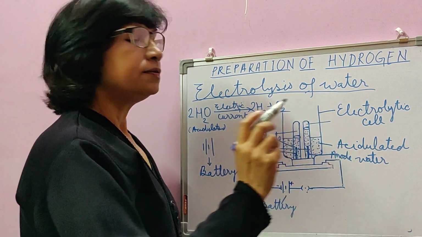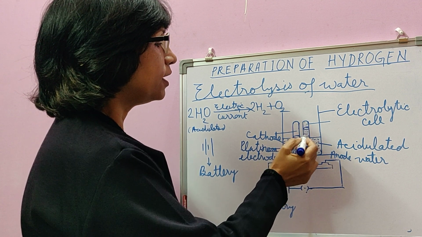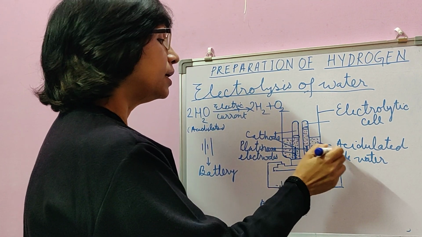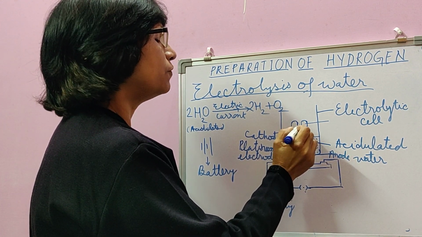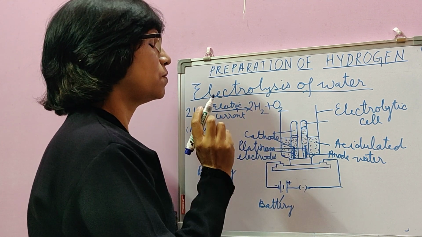After passage of electric current for a certain time, we observe that water level in both the test tubes has come down, but the test tube above anode is having some volume of gas. The test tube above cathode is having double volume of that.